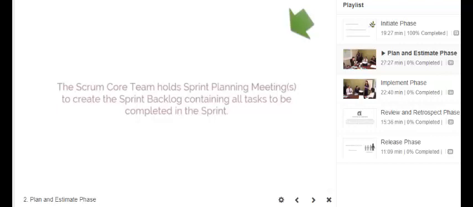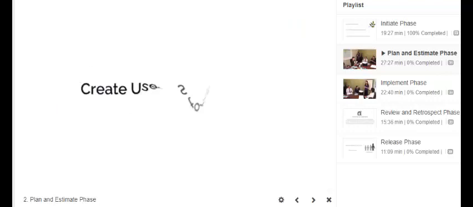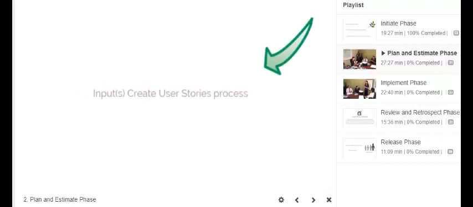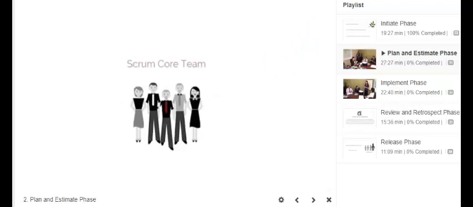Let us now discuss the mandatory inputs, tools, and outputs of the Create User Stories process. The mandatory inputs of this process are Scrum Core Team, Prioritized Product Backlog, Done Criteria, and Personas. Scrum Core Team.